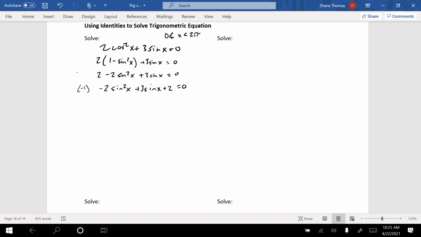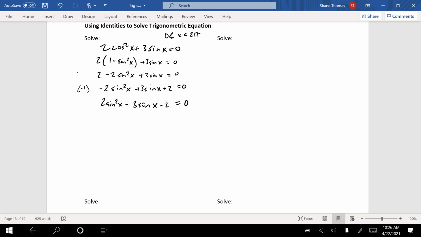That negative out front of your a term makes it a pain. So if I multiply every term by negative 1, now I have 2 sine squared of x minus 3 sine of x minus 2 equals 0. 0 times negative 1 is 0 still. So now I have it in a form that I like better.